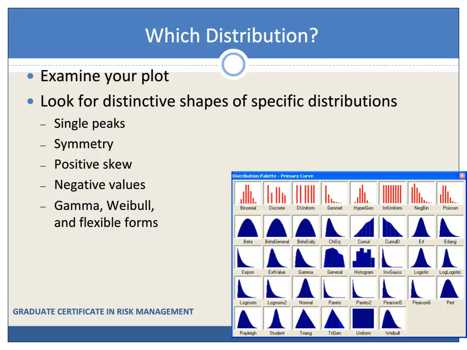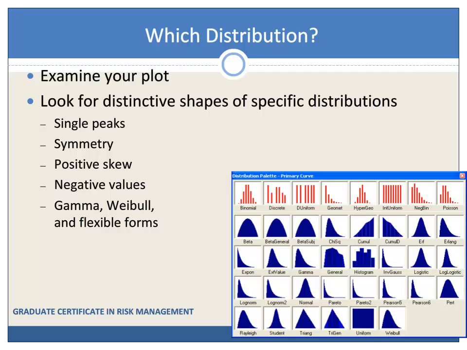Are your data symmetrically distributed around that single peak? Or might they have a positive skew? A positive skew is when the tail of the distribution stretches out to the right. A negative skew is when the tail of the distribution stretches out more to the left than it does to the right. Does your data have negative values?